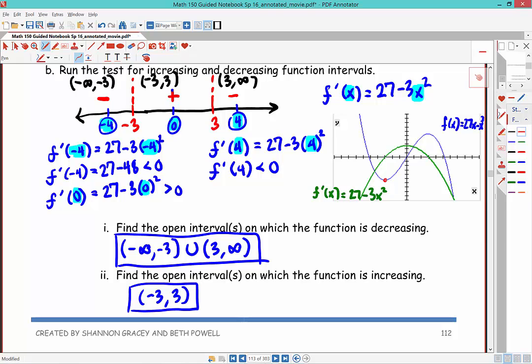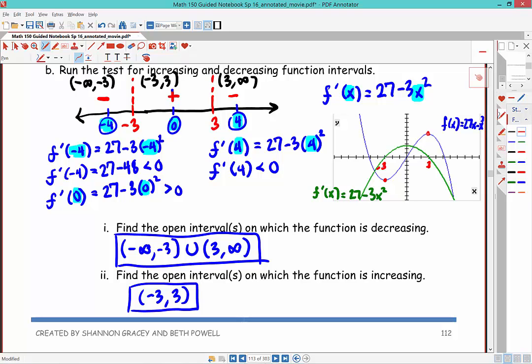And where does that occur? Perfect. It occurs at negative 3. And remember how we got c1 equal to negative 3? And then look over here. At positive 3, we get a relative maximum, right?